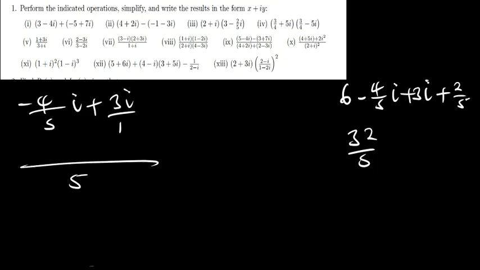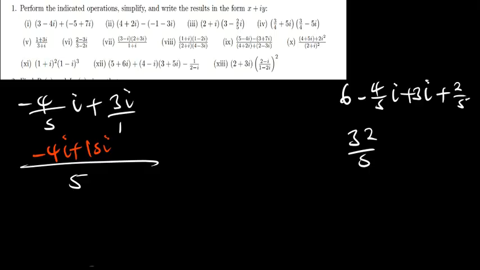The common denominator is 5. 5 into 5 is 1, 1 times negative 4 is negative 4, plus now this is i, 1 into 5 is 5, 5 times 3i is going to give us 15i.